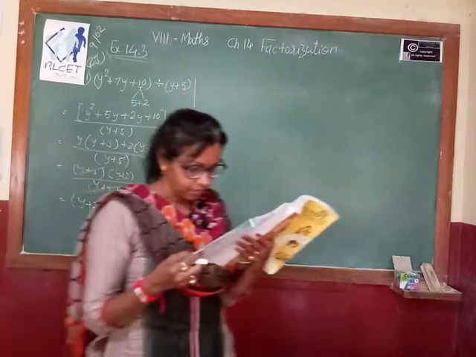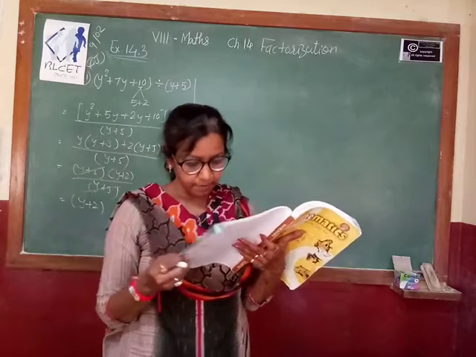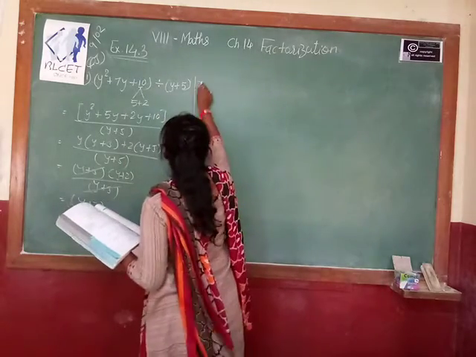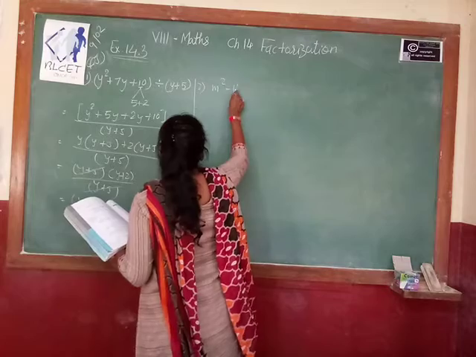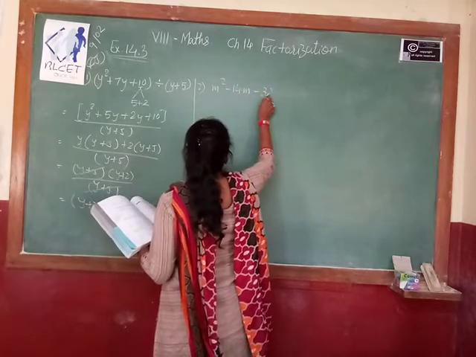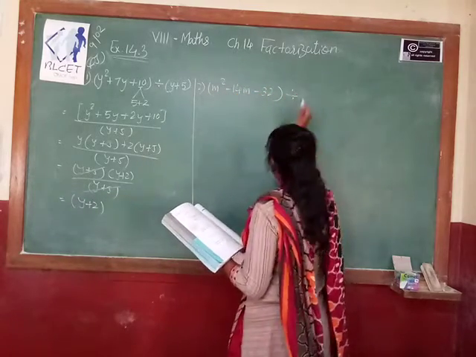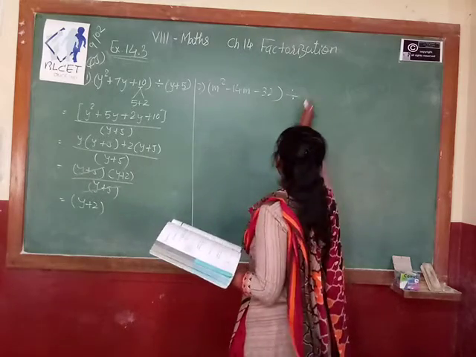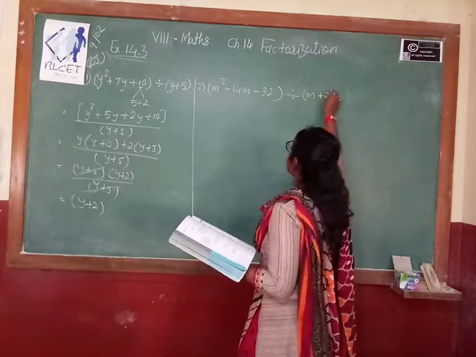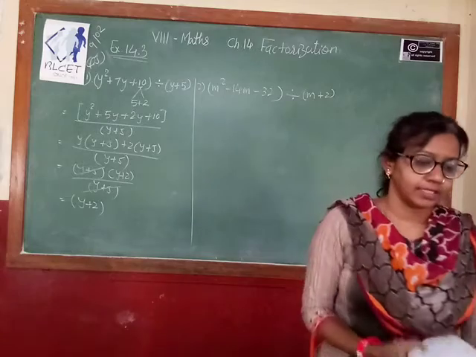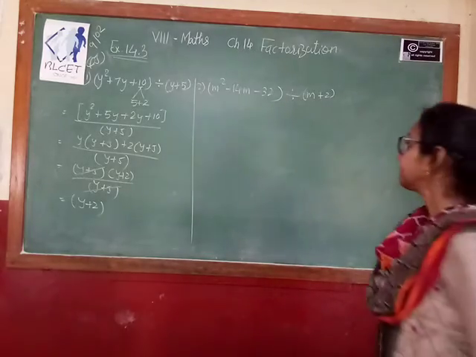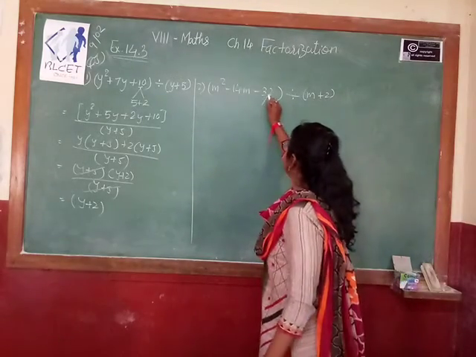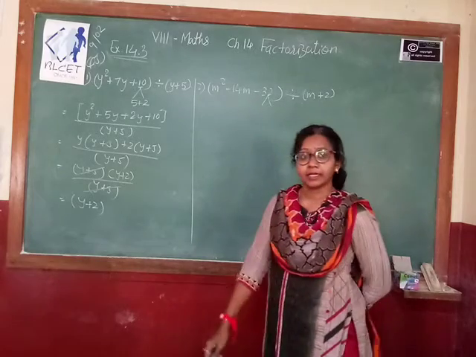Second we have m² - 14m - 32, whole divided by m + 2, where m + 2 is a factor of the given algebraic expression. So let's see. 32, it is minus.